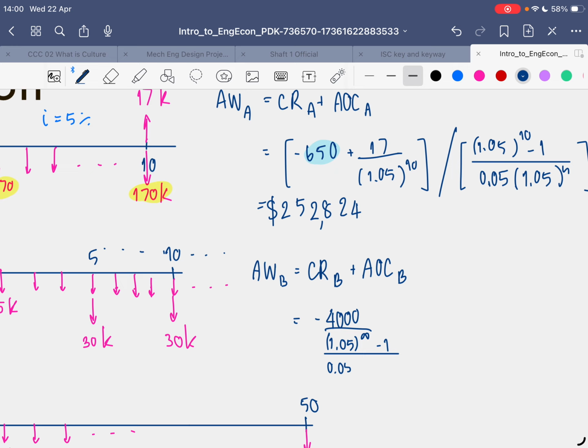So it's easier, and you will see that the 0.05 will finally multiply with 4,000K. In the final capital recovery, you get 4,000 multiplied by 0.05. This is the initial investment of option B.